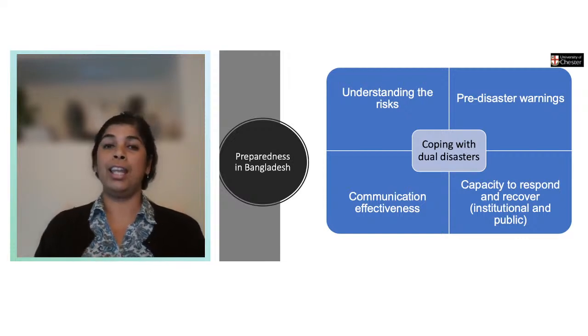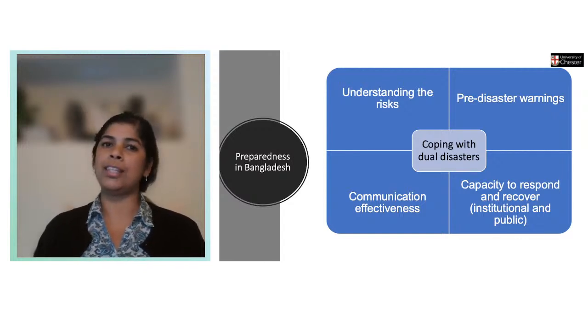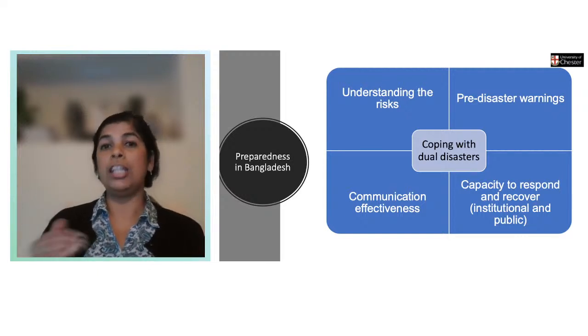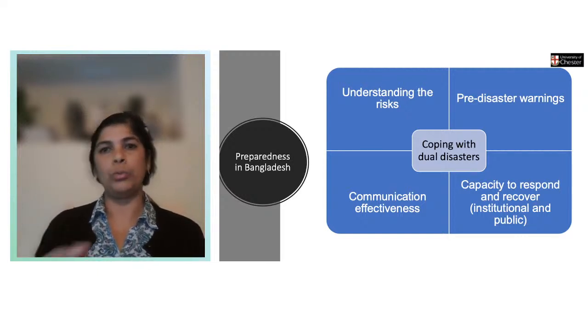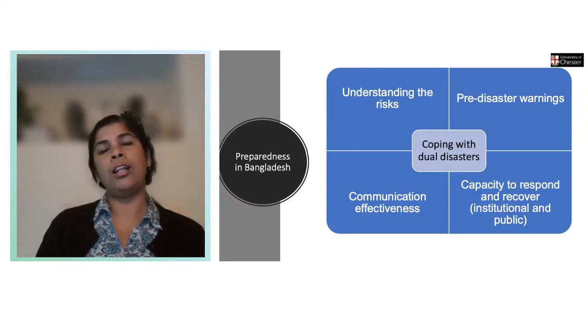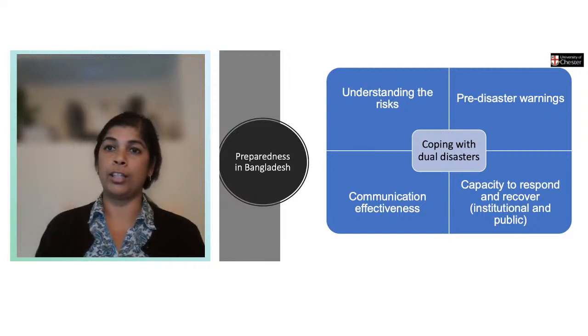Why? Because it was exacerbated by declining income. They say that more than 60% reduction in income happened during that time to those people who were also affected by the cyclone, and unemployment rose by 55% during that time. So both of them had a higher impact on the effectiveness of disaster preparedness and their capacity to respond.